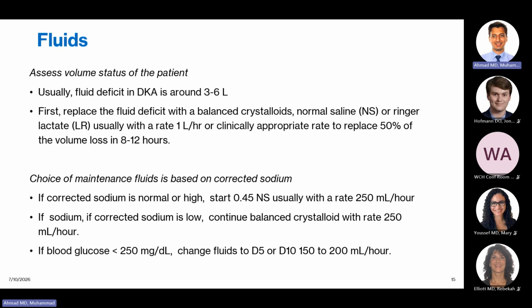The reason we use D5, even though the patient might be hyperglycemic, is that, as we already discussed, DKA is an insulin deficiency state, right? It's not just the hyperglycemia we are treating. We are treating ketoacidosis formation as well, so we have to decrease the formation of ketones.